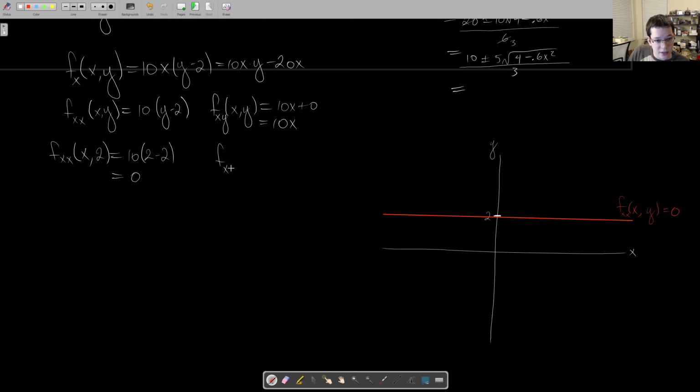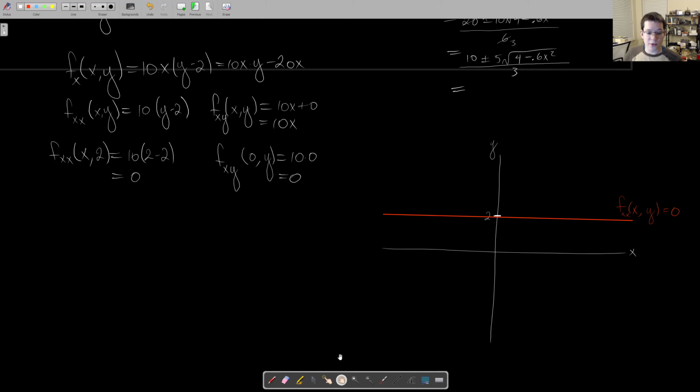F of x, y, of x of 0, y, is equal to 0. 10 times 0, which is equal to 0.